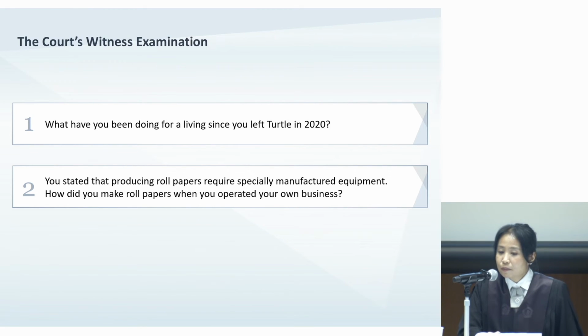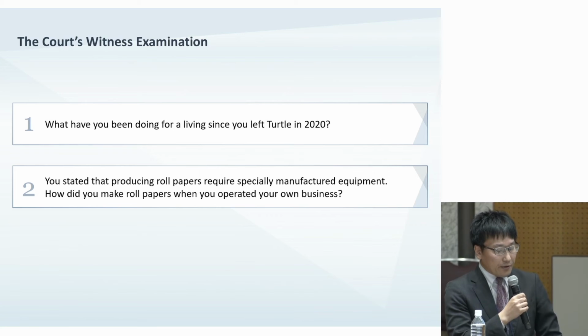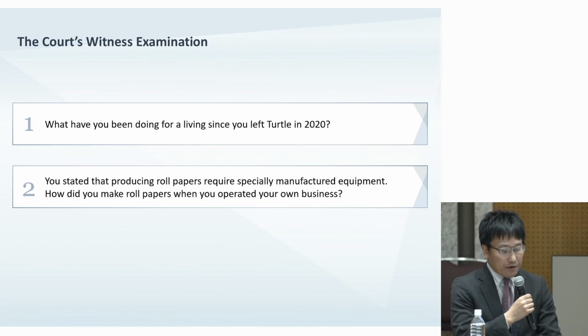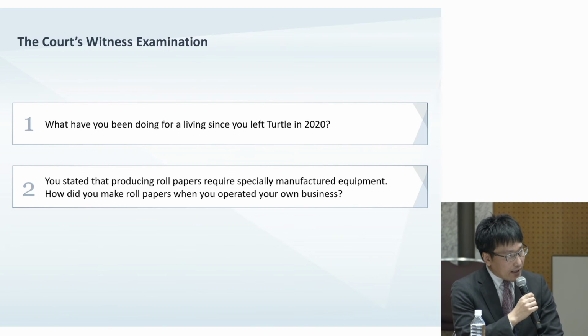You said that producing roll paper requires specially manufactured equipment. How did you make roll paper when you operated your own business? When I was leaving Total, the technical team manager gave me the equipment as a gift, and I could make roll paper using the equipment.